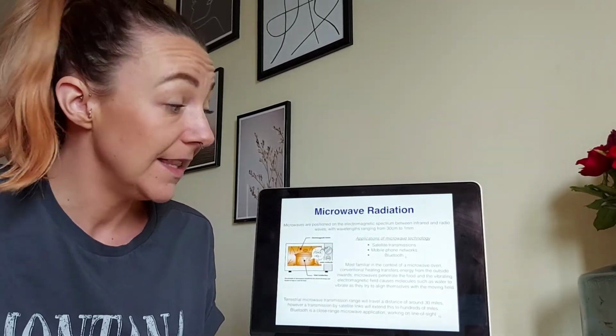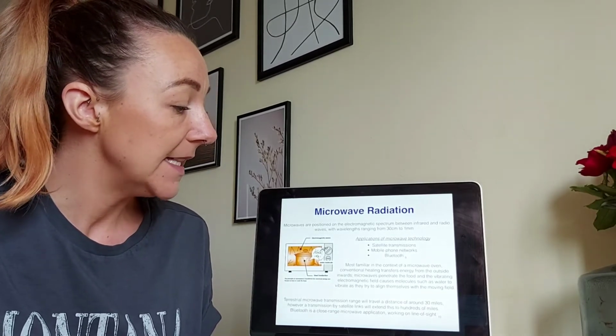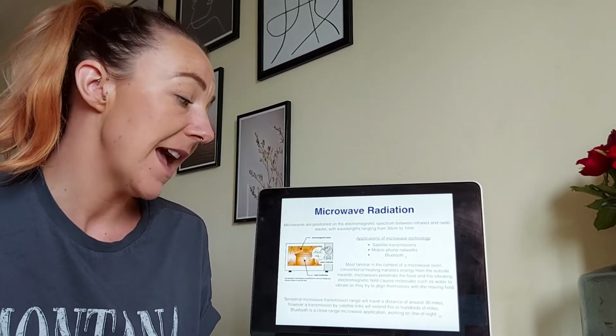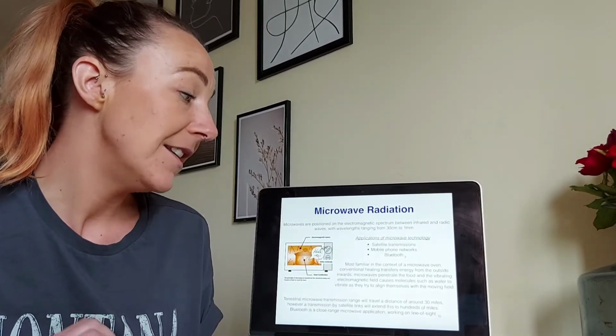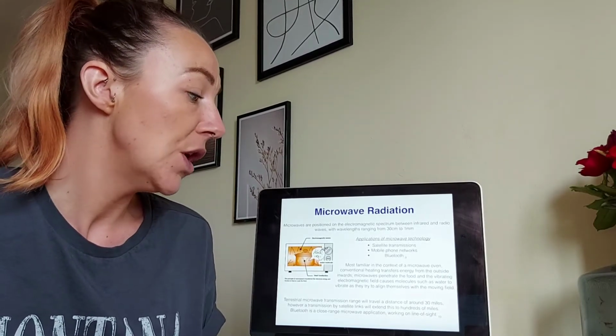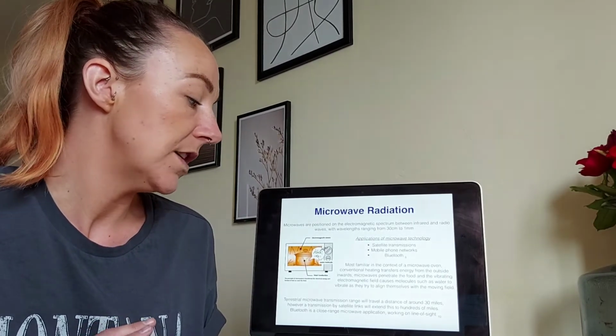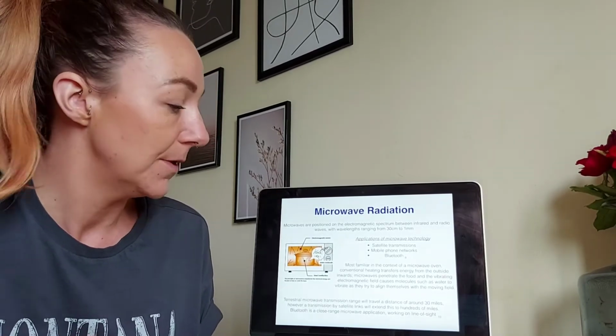Most familiar in the context of microwave ovens, conventional heating transfers energy from the outside inwards, whereas microwaves penetrate the food, and the vibrating electromagnetic field causes molecules such as water to vibrate as they align themselves with the moving field.